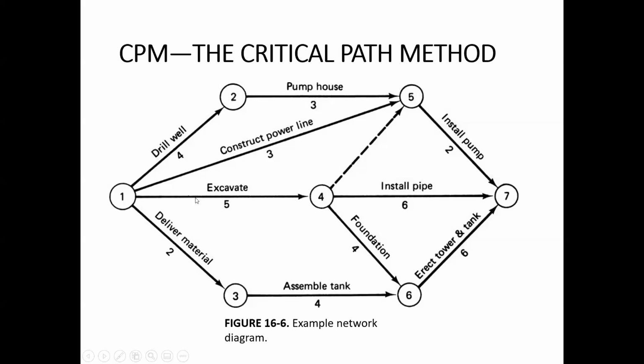At the same time, the excavation activity also takes place, and the delivery of the material can also take place. So you can see that at event 1, several activities are starting. Now you can see the logical relationships between the activities over here.